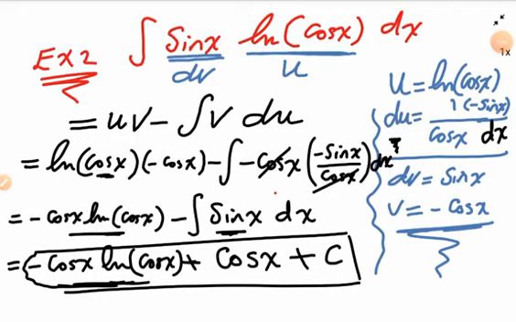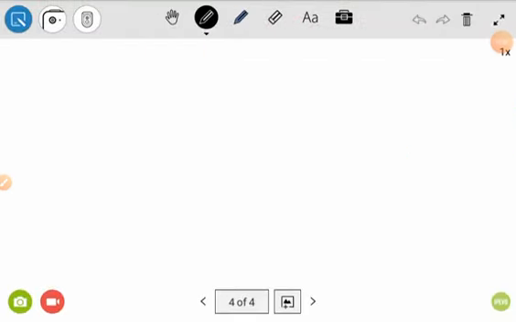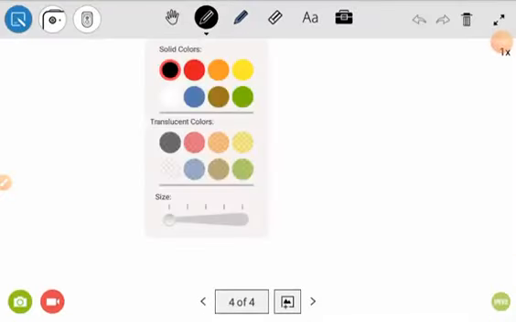Okay, one more example for integration by parts. Example number 3.